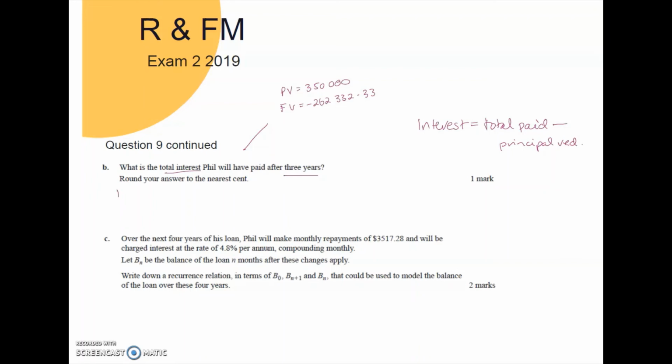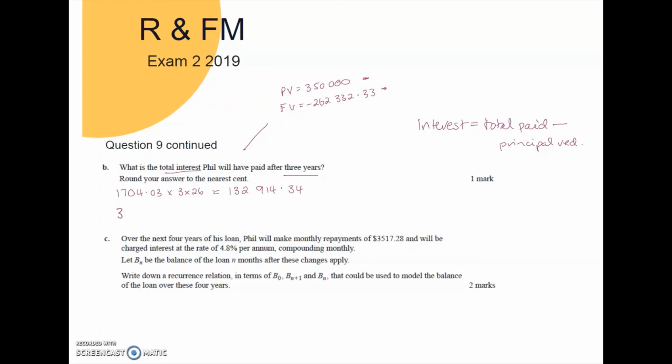Total paid will be, you were making payments of $1,704.03 for 3 years fortnightly. So you can put that in as 78, or we can just put it in like that. Okay, so the total amount paid, $132,914.34. Our principal reduction will be the difference between the starting balance and the balance at 3 years.